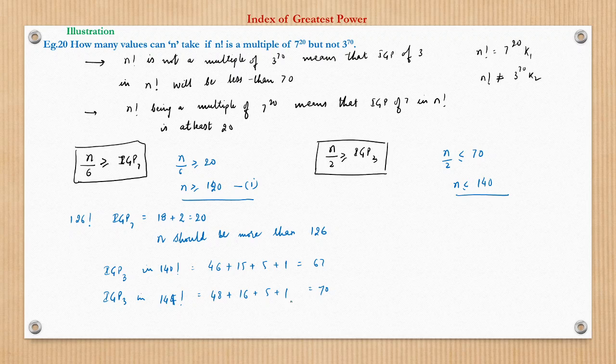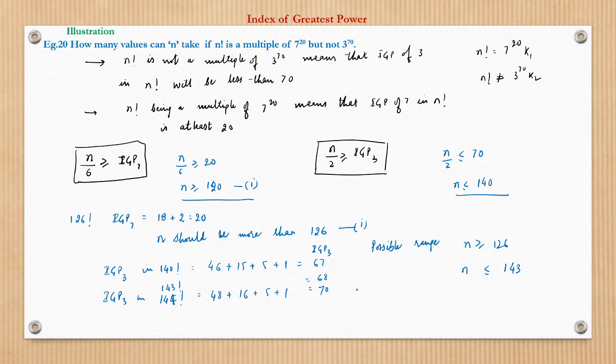So 70. It means that IGP of n factorial has to be less than 70. So we can take up to 143 factorial. 143 factorial will have 68 as IGP of 3. So the possible range is n greater than or equal to 126 from here, and n less than or equal to 143.